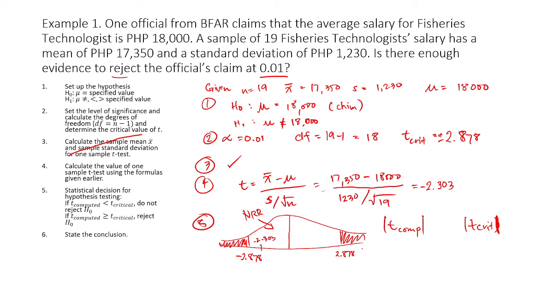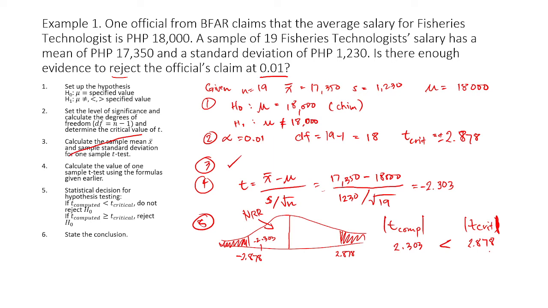So, ang absolute value ng ating t computed will be 2.303. And yung ating t critical will be 2.878. As you may notice here, our t computed is actually less than our t critical.